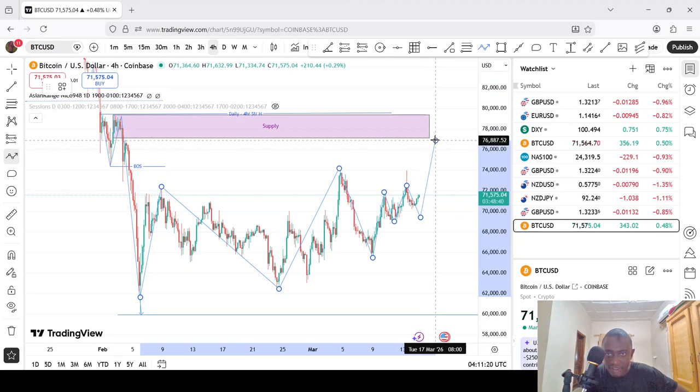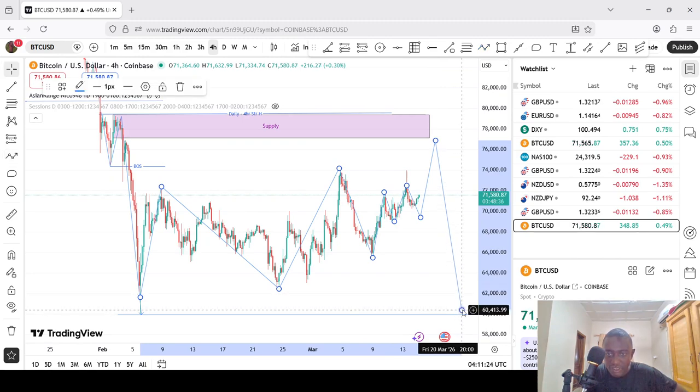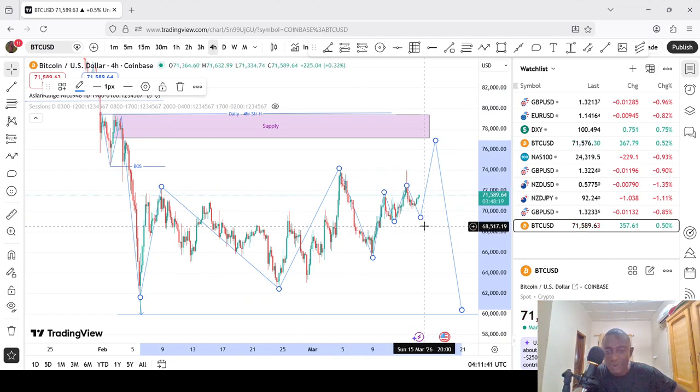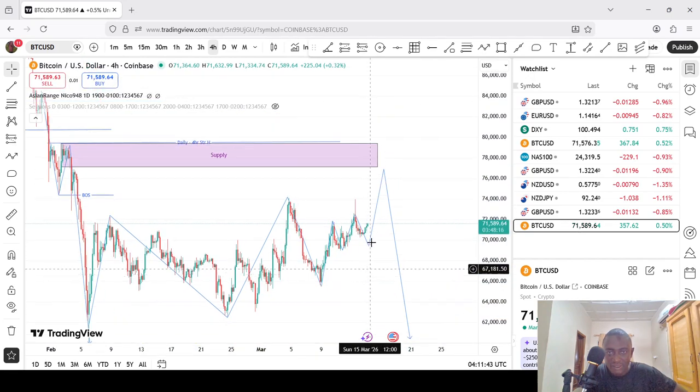Then once it gets here, we look for opportunity all the way down, because the higher time frame is depicting a down movement, and this movement is just a pullback or retracement within this 4 hour, because we have a BOS. It is not telling you Bitcoin is going up yet until here is broken, price closes above it.